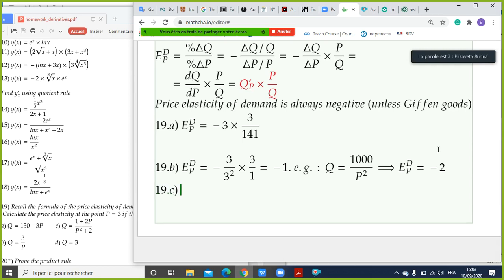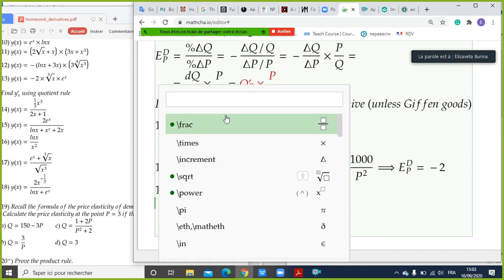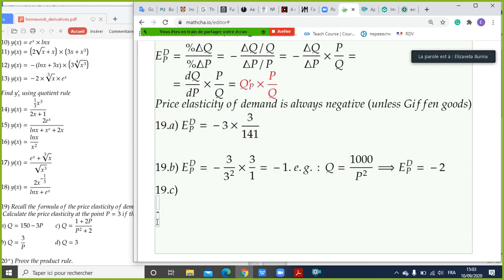This is my favorite because I have to take a derivative. So let's first do the derivative, and you should tell me if I got it right. P squared plus 2, all that squared. Actually, is it even a demand function?